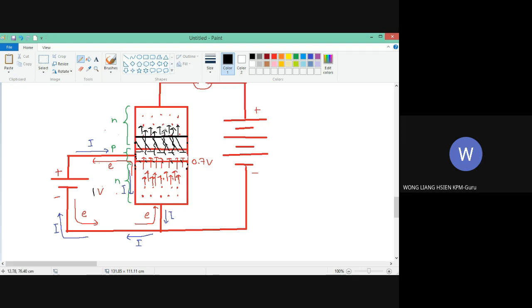So the diffusion layer here also becomes narrow for electrons to pass through. But we still consider the diffusion layer to be still there, just that the diffusion layer becomes more narrow.